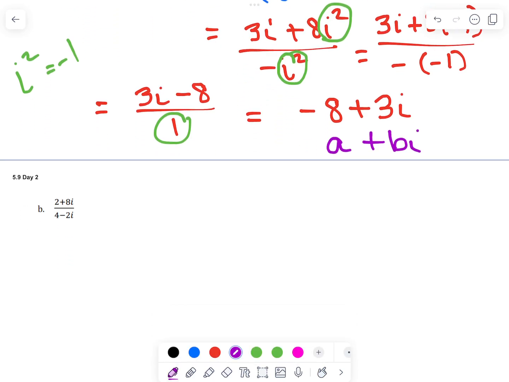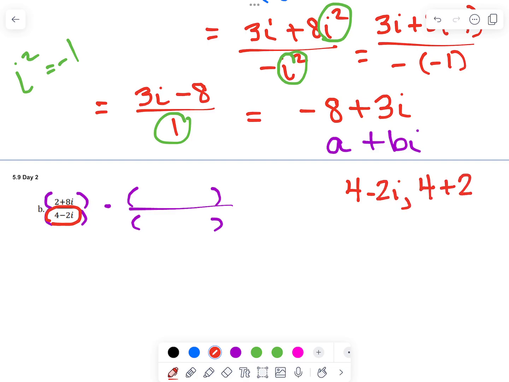Second example, we have a complex number dividing a complex number. So what we need to do is identify the denominator and what its conjugate is. If I have 4 minus 2i, the complex conjugate would then be 4 plus 2i.